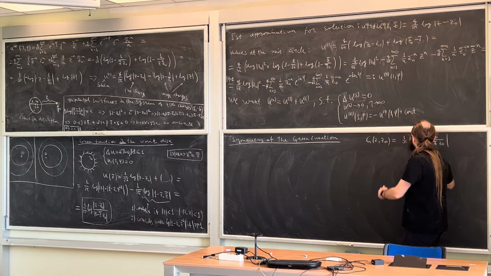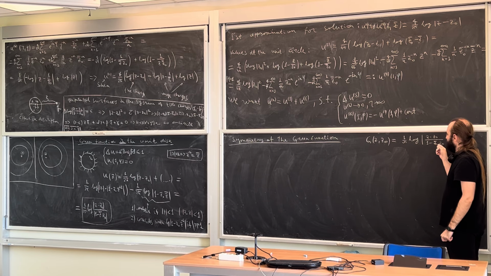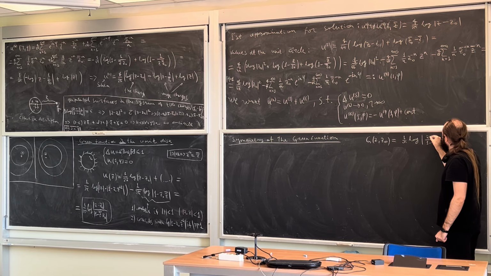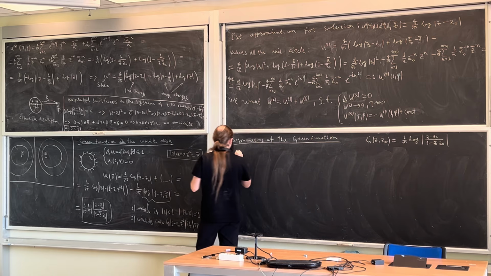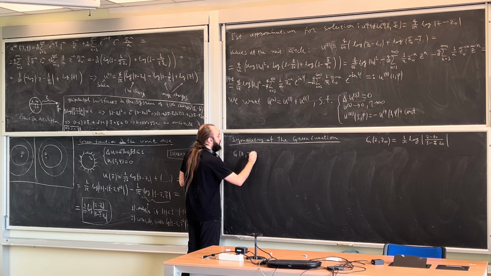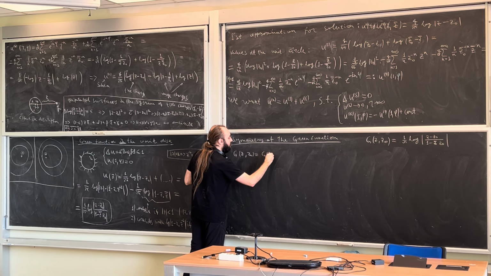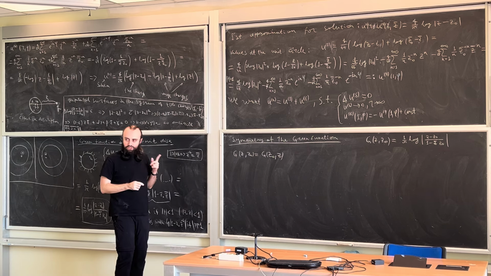But if we exchange these variables, it will be the same, because the absolute value of a complex number or of its conjugate is the same, and the absolute value of -1 is 1. So we can notice that G of z, z0 equals G of z0, z. So is it clear that it has such a symmetry?